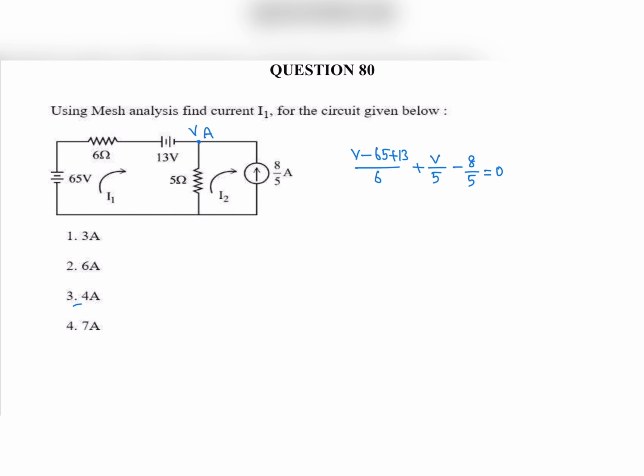From this, node voltage V is 28 volts and the current I1 is minus of (V minus 65 plus 13) by 6. So the current is 4 amperes. The current in the circuit is 4 amperes.